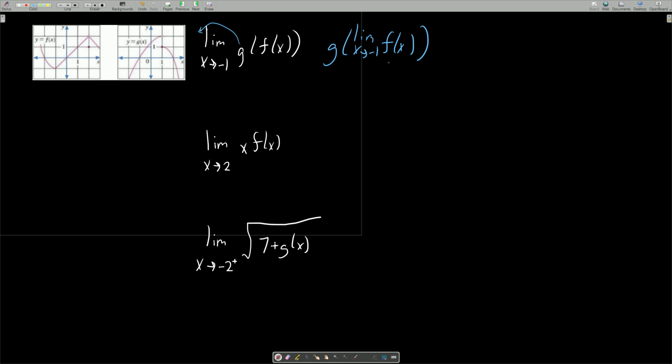And now you can evaluate this limit. So the limit of f of x as x approaches negative 1. That's right here. That's at negative 1. That would be g of negative 1. Now g of negative 1, you plug negative 1 here, you get 0.